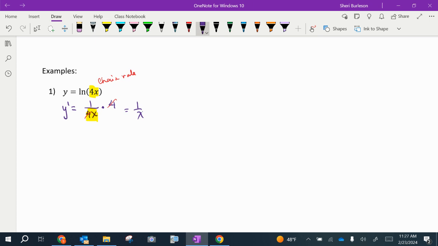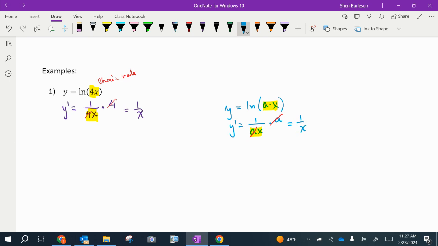Well, that's interesting. The derivative of the natural log of 4x is the same as the derivative of the natural log of x. I wonder if that would always be true. So the derivative of the natural log of any number times x, y prime, is going to be 1 over ax, that's what's inside, and then I multiply by the derivative of ax, which is a, and sure enough, that constant reduces.